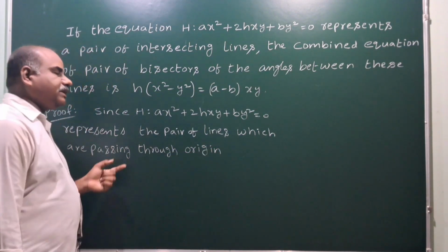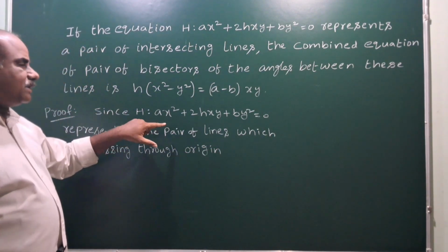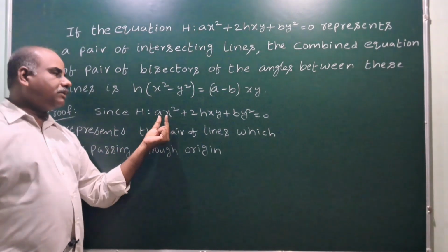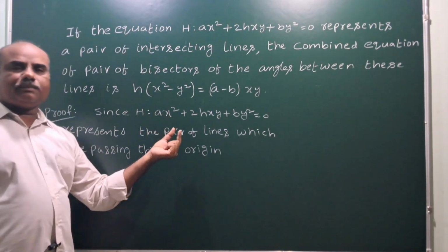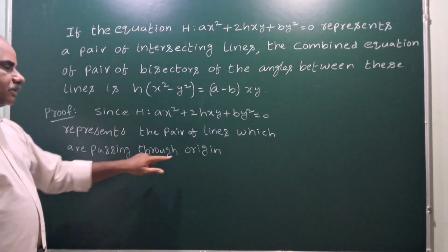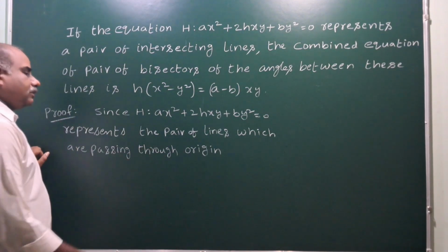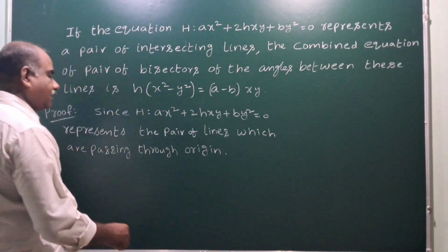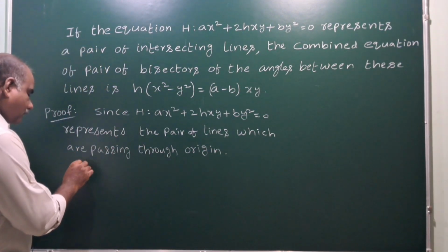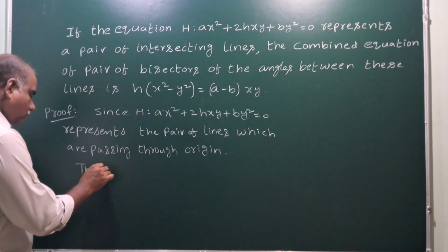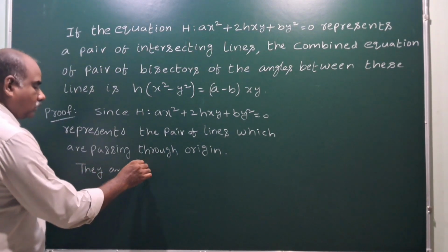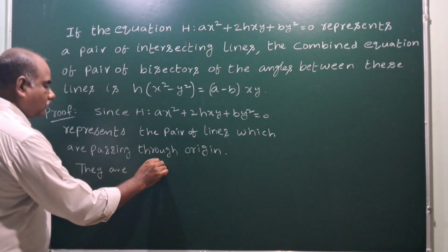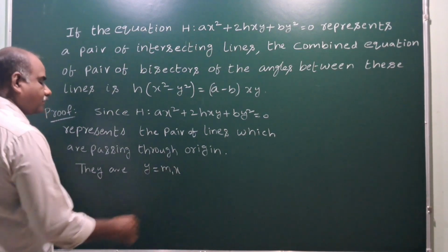Since it is a second degree homogeneous equation, this second degree equation represents a pair of straight lines which are passing through origin, and those lines can be taken as y is equal to m1x.